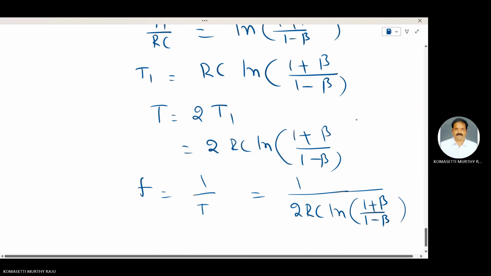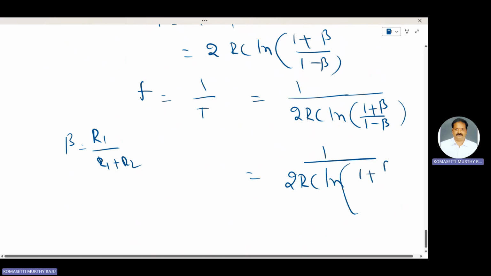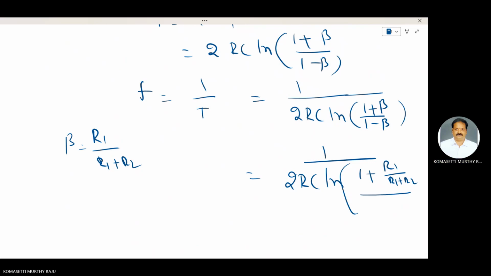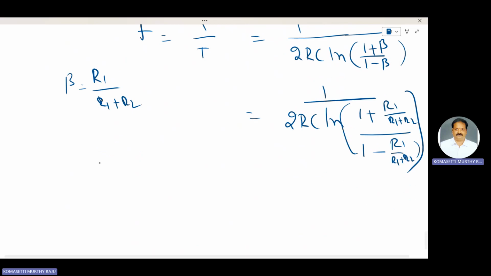We know that beta is the fraction of output, R1 by R1 plus R2. That is f equal to 1 by 2 RC ln (1 plus R1 by (R1 plus R2)) by (1 minus R1 by (R1 plus R2)). Suppose R1 is equal to R2.